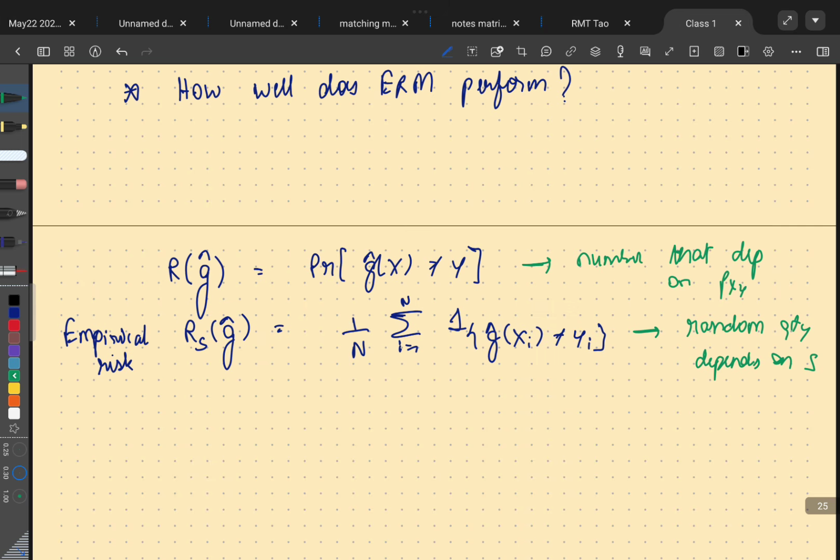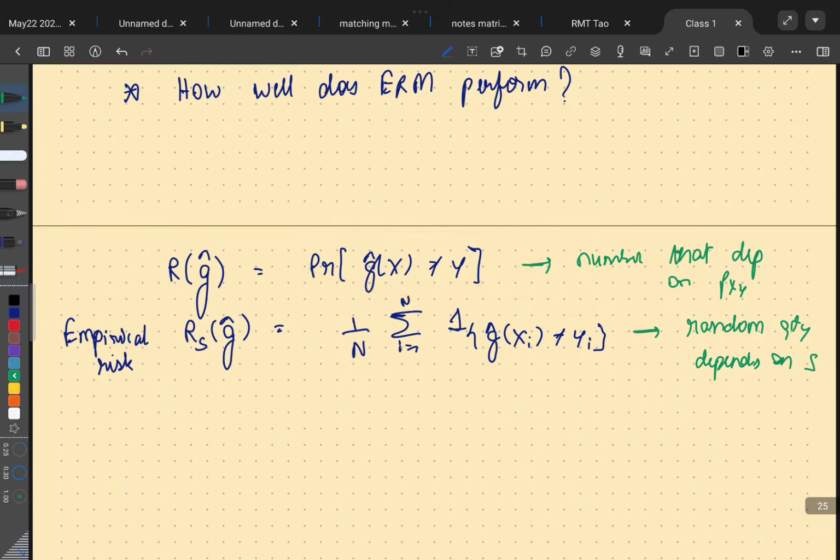Again, we don't know pxy, so we can't evaluate R. This is a random quantity, but we can evaluate it because we have access to the data set. But the nice thing is that if n is sufficiently large, we've seen that this should be very close to this particular quantity.